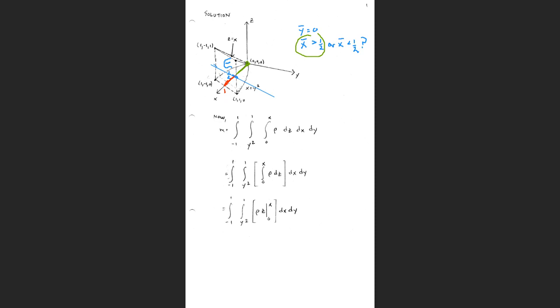So x bar, whatever it is, is going to have to be greater than a half. So we can think sensibly about whether our answers are reasonable. And to compute the center of mass, I guess it's the centroid, technically, but center of mass is fine.